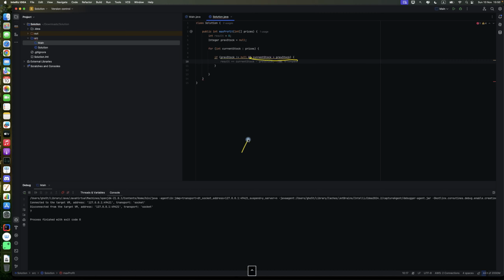We are looking at 1, right? And the previous stock is 7, then it's 5 and so on. But when we are here, we want to check this element, right? And the current stock will not be greater than 7, right? 1 is lesser, and we don't want to buy 7 because we will lose from it.